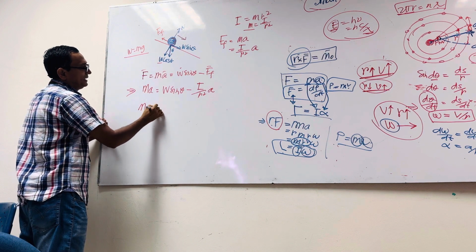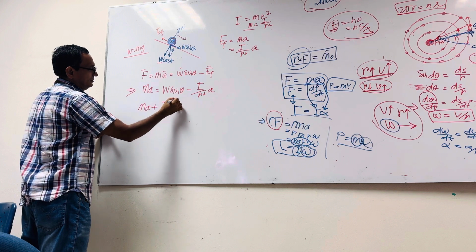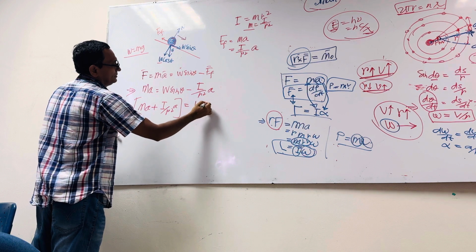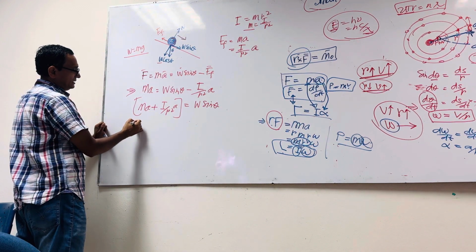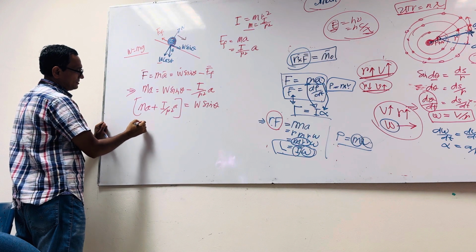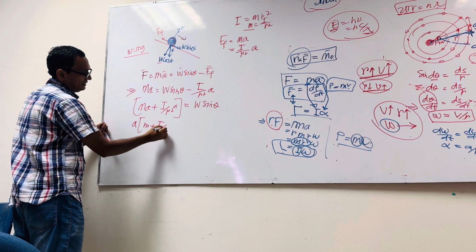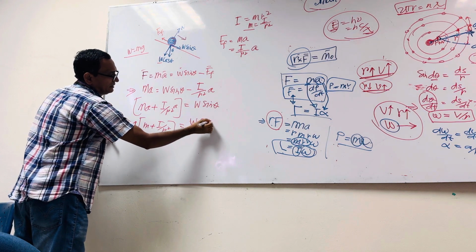So if we write in that way, ma plus I by r square a should be equal to W sin theta. If we write the a in terms of this relationship, we can find that m plus I by r square is equal to W sin theta.